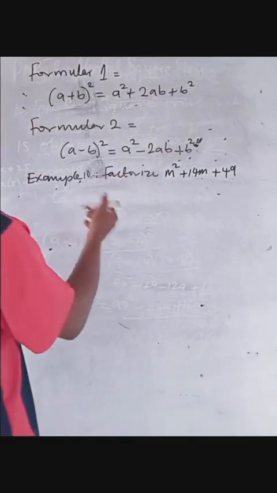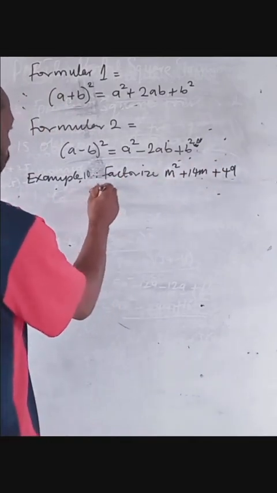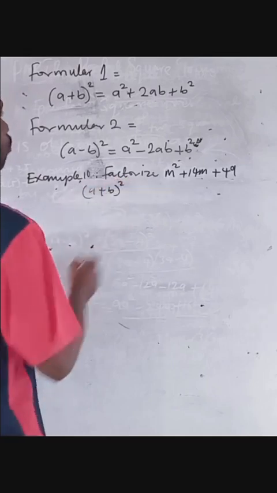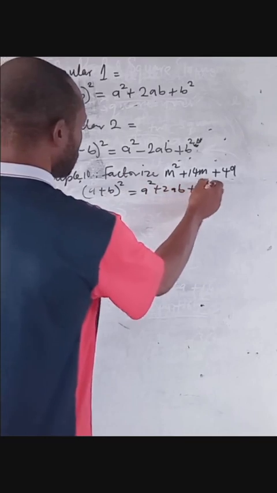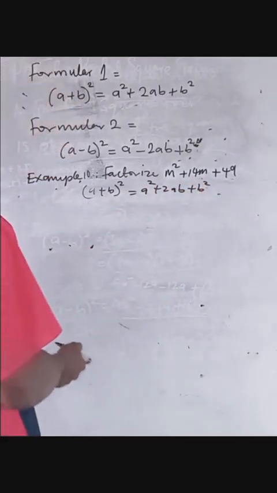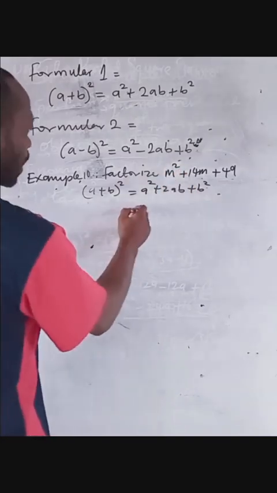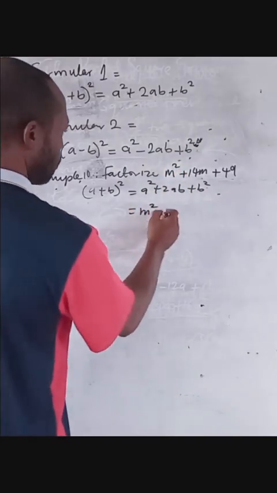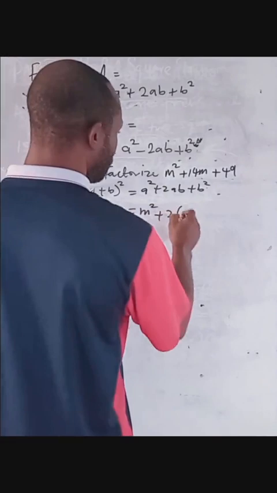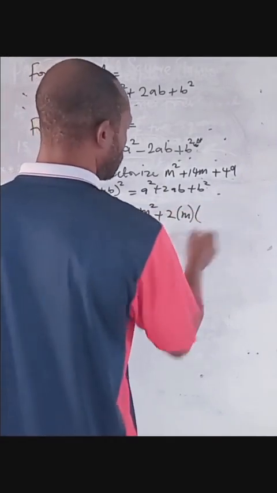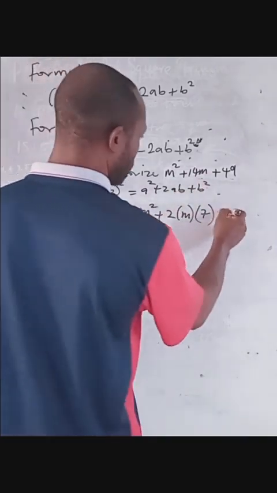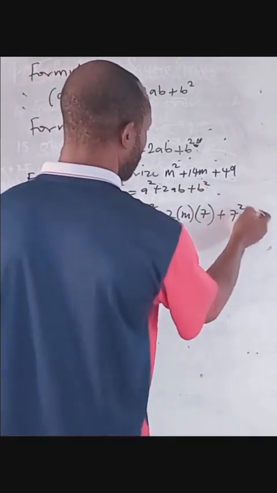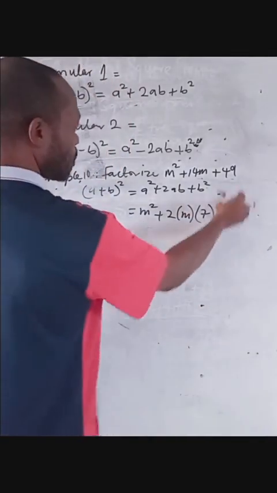So therefore, the solution to this is a squared plus 2ab plus b squared. So it means that we can rewrite this expression as m squared plus 2 multiplied by m multiplied by 7, because 2 times 7 is 14, plus 7 squared, because 7 times 7 will give us 49.